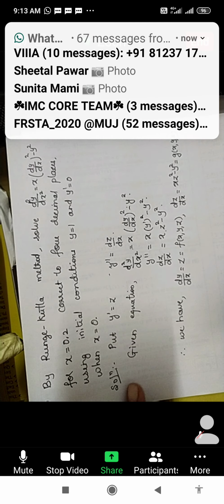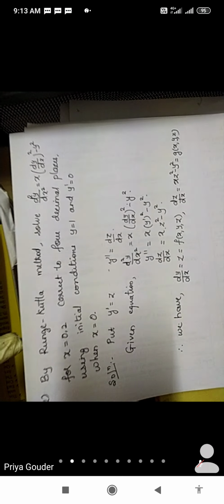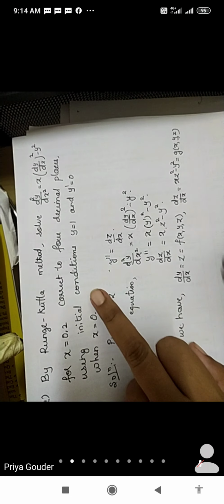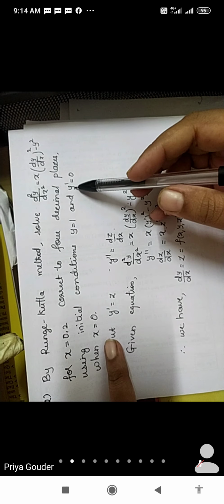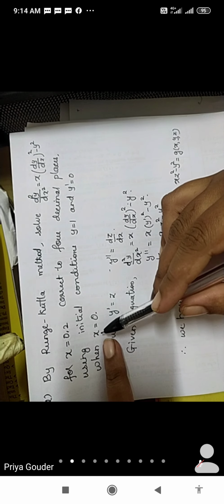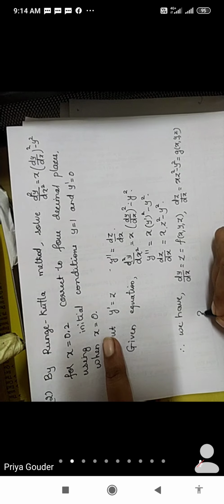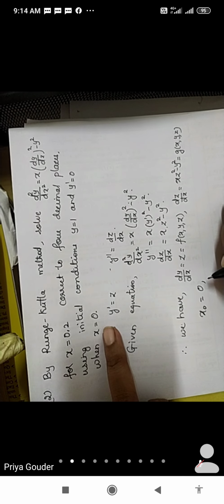Next, we have to take these conditions that they have given: y equal to 1 when x is equal to 0. So when x is changing, y and y dash are changing. This is the initial value for x, which is referred to as x naught.